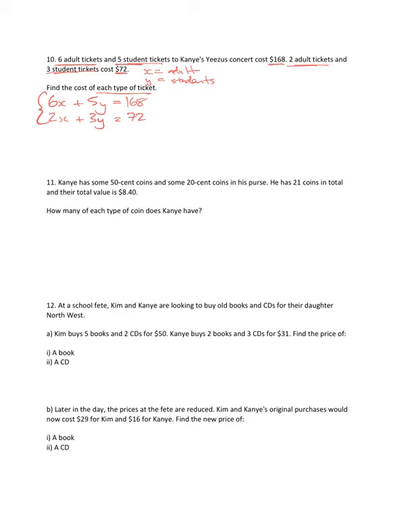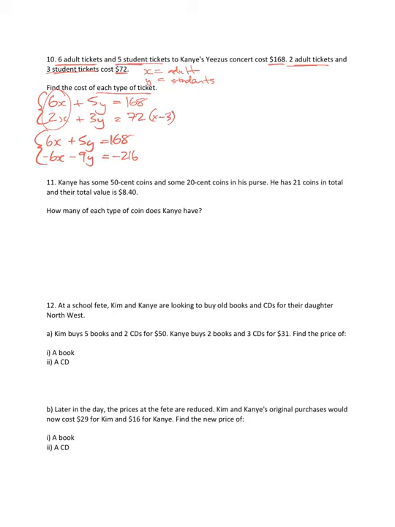Look at one of the variables. I'm going to look at x. 6 and 2, they're not the same size, equal in sign, so I need to make them the same size, equal in sign. 2 goes into 6 nicely, so I need to times it by negative 3 to make it opposite sign. So the equations are now going to be 6x. This isn't going to change, but the second one is negative 6x, negative 9y is equal to 72 times negative 3 is negative 216.